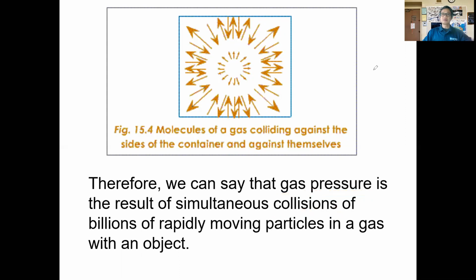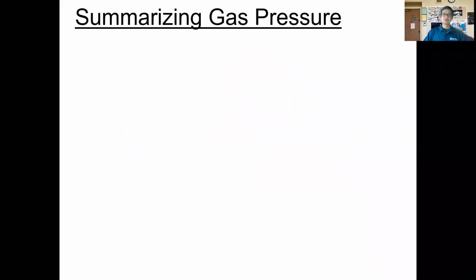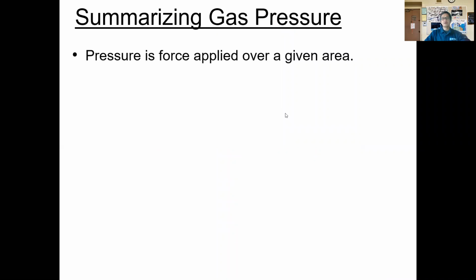Let's go ahead, I want to ask you a quick question just to wrap things up. We can sum up that we can determine the pressure by determining the force the object applies when it is interacting with some other object, and the area over which they interact.